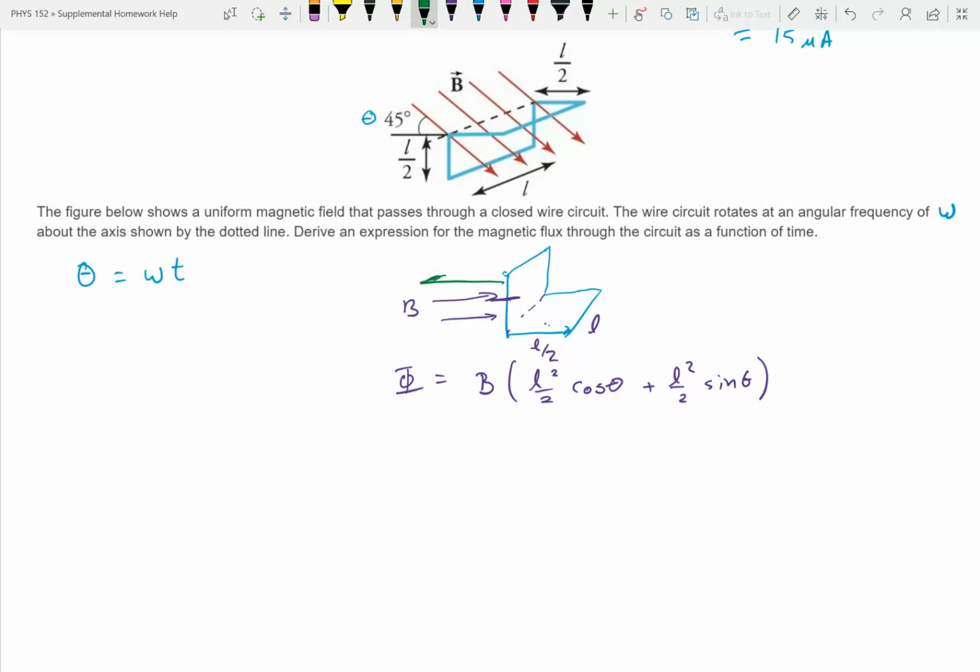Okay. So here is my direction for area 1. Here's my direction for area 2. And so at this angle right here, I'm saying this is theta equals 0.